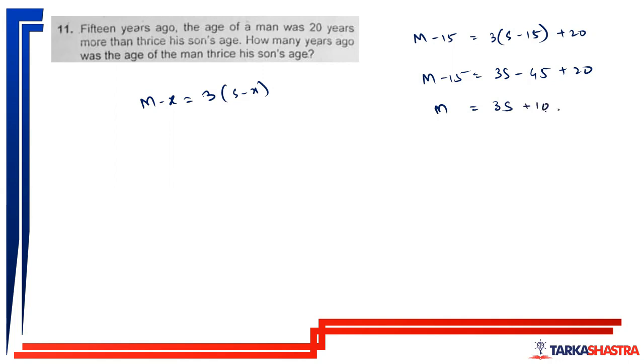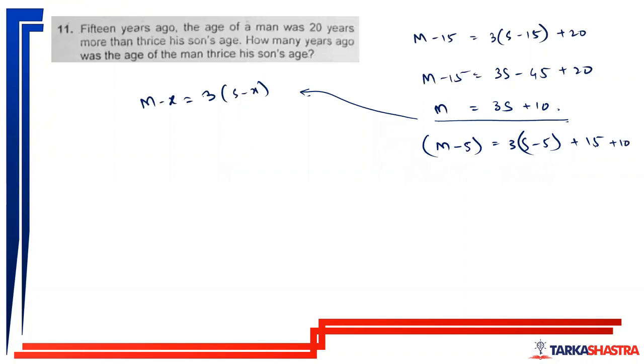So this is plus 10. है ना? अगर मैं 10 साल पहले, ओके, सो अगर मैं इसको, ये इक्वेशन आ गया, अभी इसको इस फॉर्मेट में लिखने की कोशिश करना है अपने को. अगर मैं m minus 5 करता हूँ एंड यहाँ पे भी 3 into s minus 5 करता हूँ, तो यहाँ पे मेरे को प्लस 15 करना पड़ेगा और ये प्लस 10 तो है ही मेरे पास.